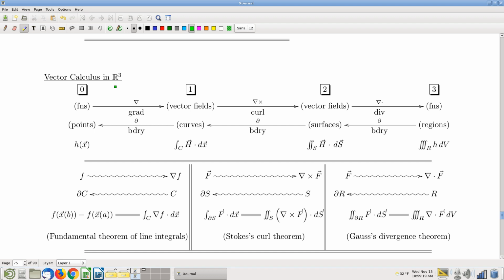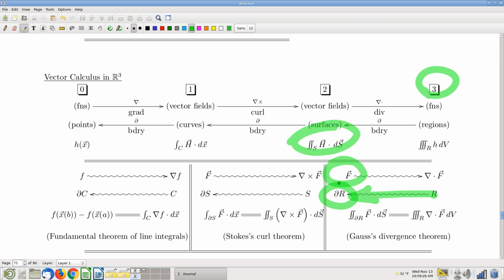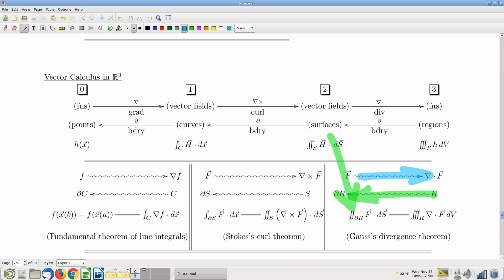This time we have a three-dimensional solid, look at its boundary surface, and compute the flux of some vector field over that boundary surface. What we've found is that if we take the divergence of that vector field and take a triple integral of the divergence over the original solid, we get the same thing. So the pattern again holds. It's an extremely strong pattern.